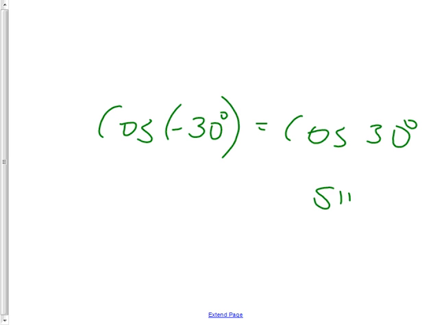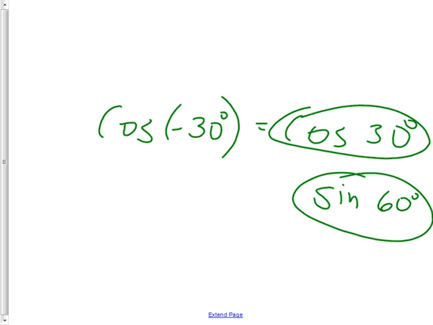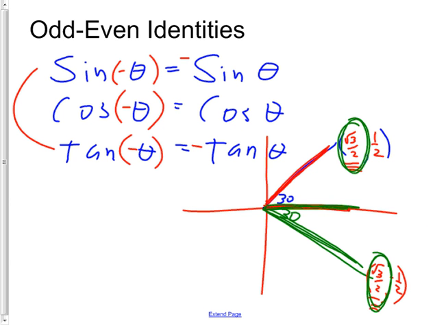That could be sine of what? 60. See how this turns into this, which turns into this? They're all equal. Whenever there's a negative like that, we must be talking about these guys, the odd and even ones.